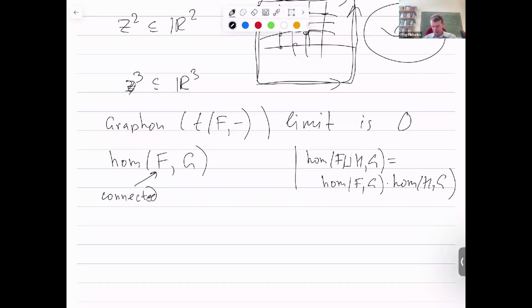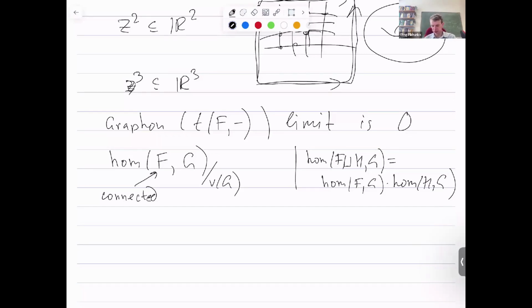And then in this case, the correct scaling factor would be 1 over n, the number of vertices of G. Because if f is connected, you can take one vertex and send it into the graph, and you have maybe n choices. But then for every other vertex, if you do them in the correct order, you have at most d choices because it's connected to some previous vertex.